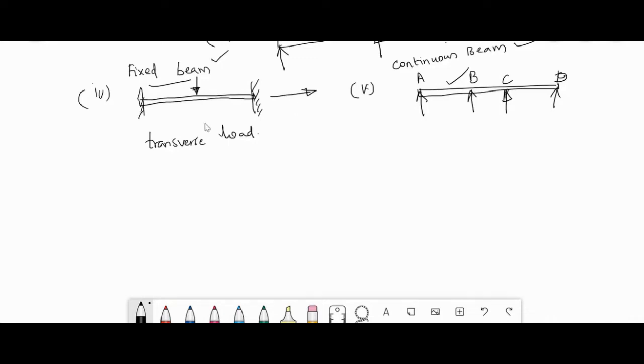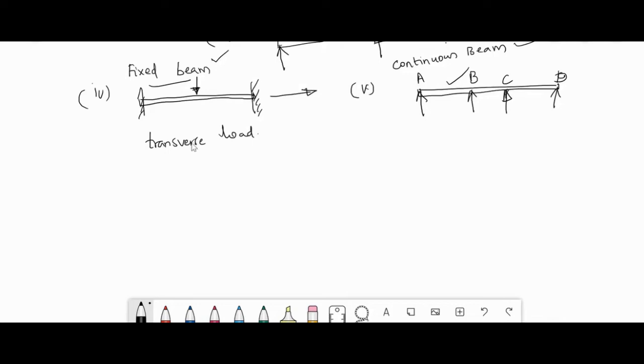Now we are going to learn about transverse load applied on the beam. That means you have lateral displacement, whereas in the axially loaded member you don't have transverse displacement, only axial displacement. So that is the difference between these two types of problems.